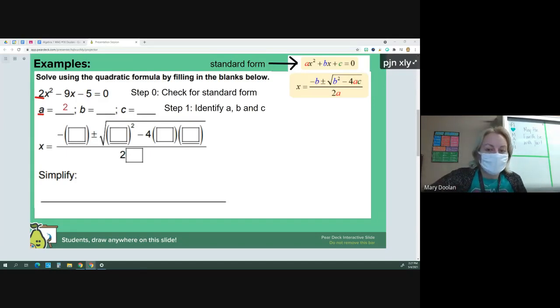And then we want to look at b next. b is whatever's in front of the x. Now be careful when you see subtraction. We've got to include that. So b is negative 9. And then for c, what is being added here?